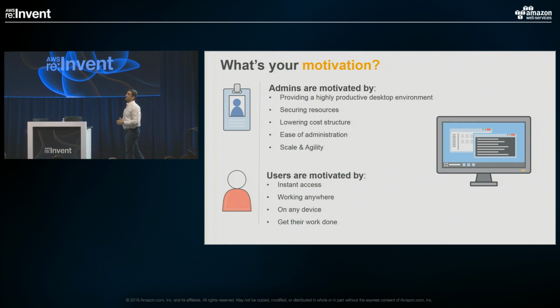Everyone is motivated by lowering cost structure. I haven't come across one customer who would say, hey, I want to pay more for the service. Or I want to do less and pay more. So lowering cost structure is a great motivator for these organizations. They want to simplify their administration so they can get time back to do things they can innovate on behalf of their organizations.